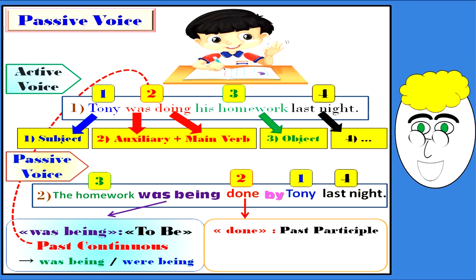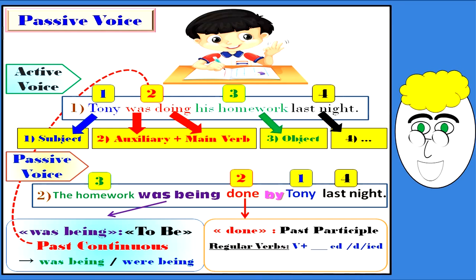This is simply the rule of the passive voice, which we are going to talk about at the end of the video, okay? To form the past participle, we need to know first the type of the verb we have. We have two types of verbs: regular and irregular verbs, okay?